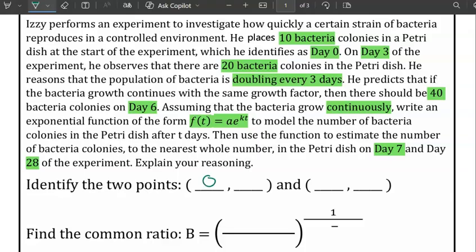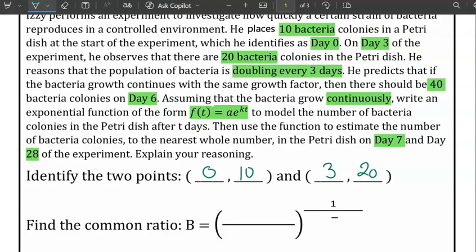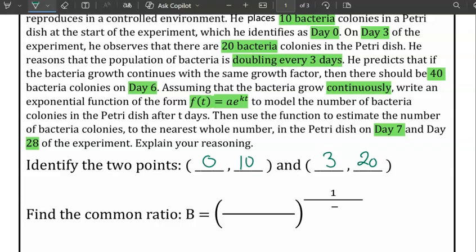We have day 0 with 10 bacteria and day 3 with 20 bacteria. We're going to use these 2 points to find the common ratio. We have t1 and f of t1, and then we have t2 and f of t2.